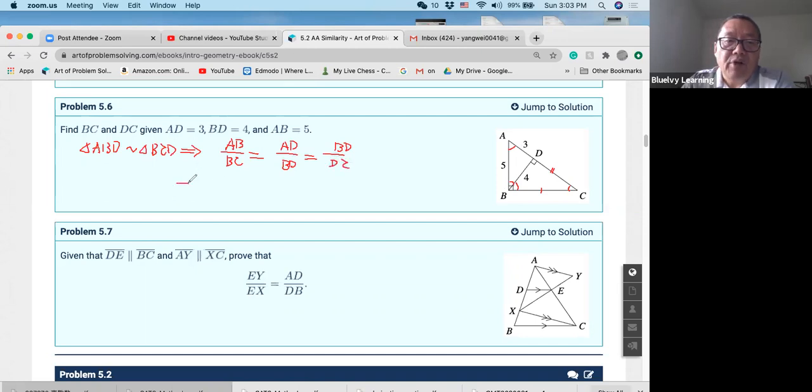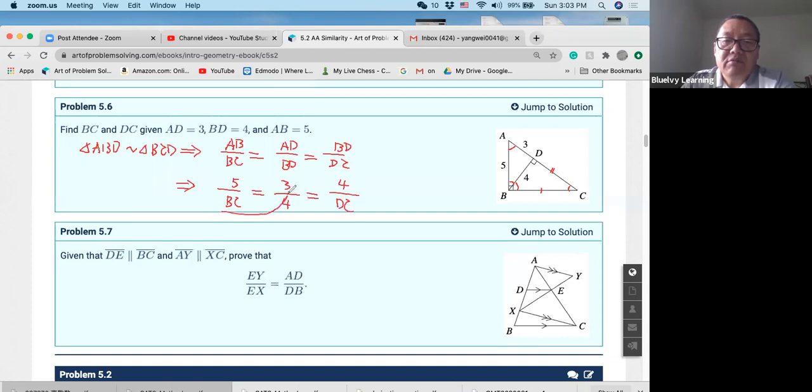Then now let's plug in the numbers we already know. AB equals 5. BC, we are looking for, we don't know this yet. AD is 3, and BD is 4. And BD is 4, and DC we don't know.